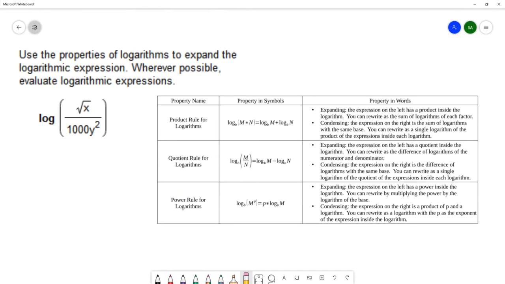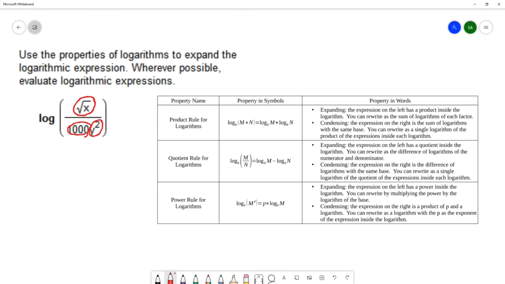So the expression inside of our log is the square root of x over 1000 times y squared. I can see I have just one factor in the numerator, and then 1000 and y squared are two factors in the denominator.